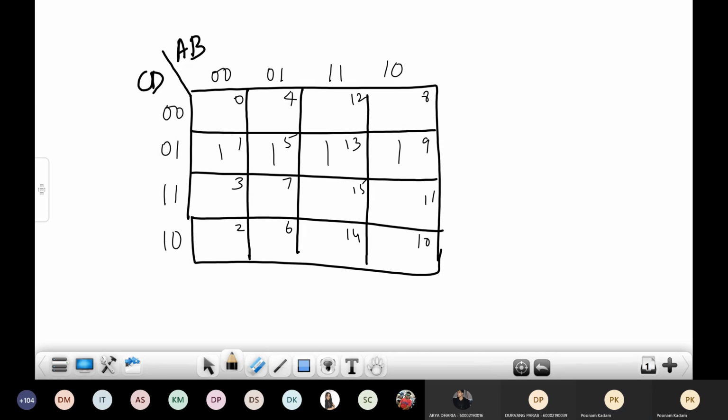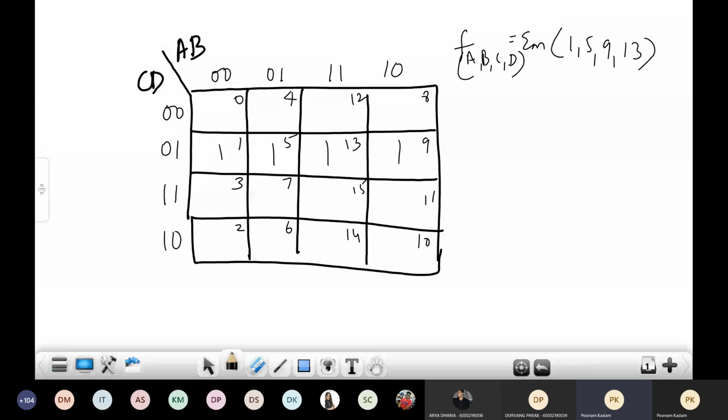The function I am trying to represent through this K-map is A, B, C, D, summation of 1, 5, 9, and 13, right? This is the function whose K-map I have drawn here. So 1 will appear in the cells corresponding to 1, 5, 9, and 13.